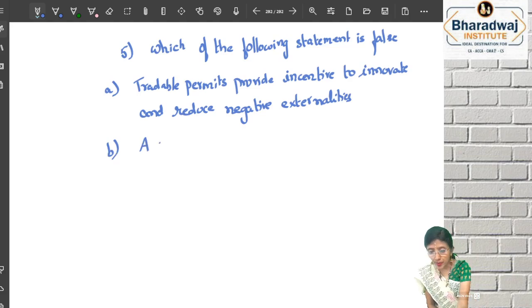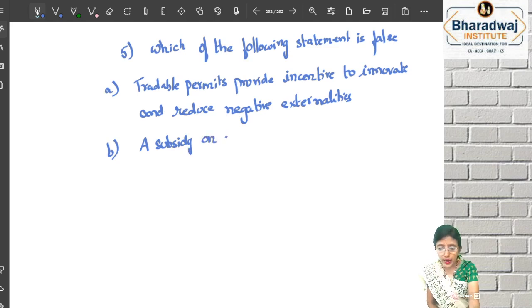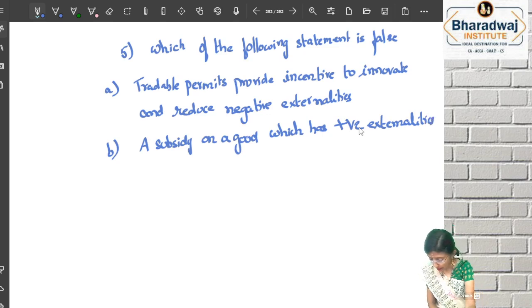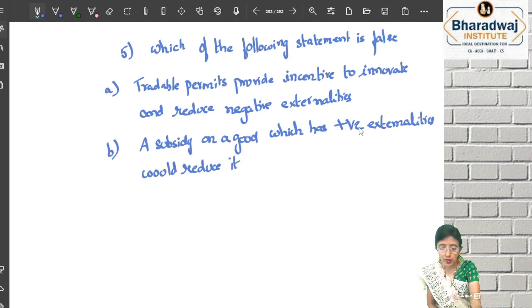A subsidy on a good which has positive externalities would reduce its cost and its price would be lower.